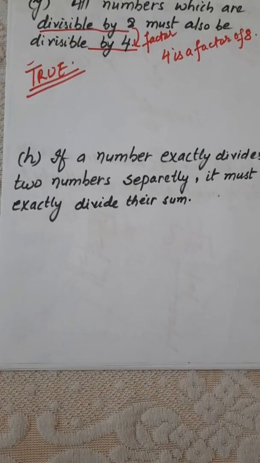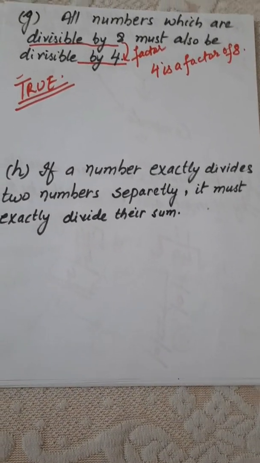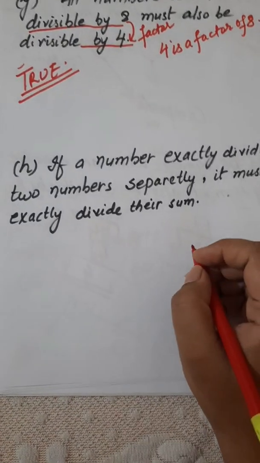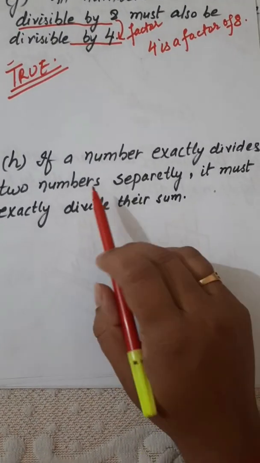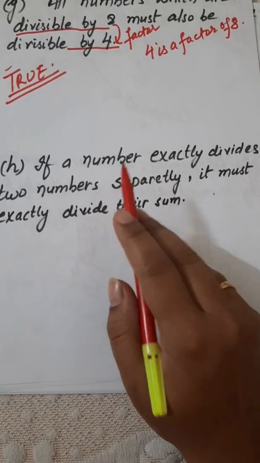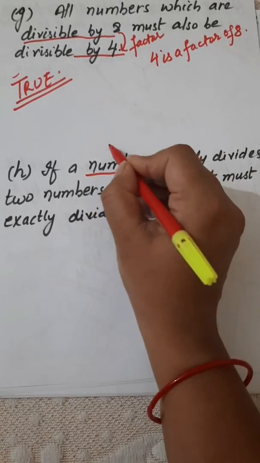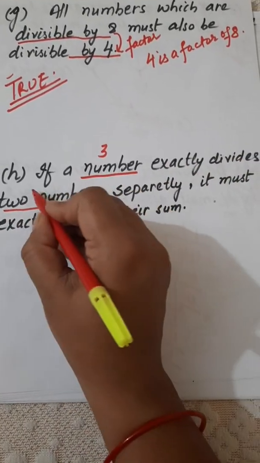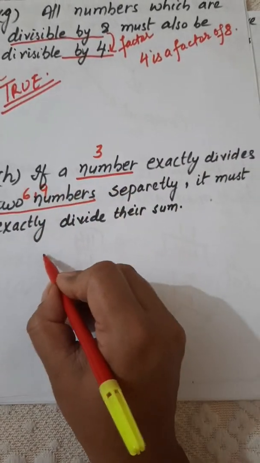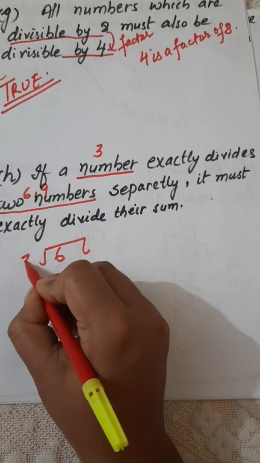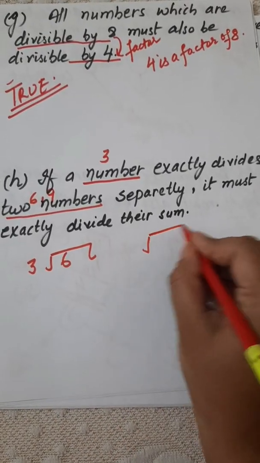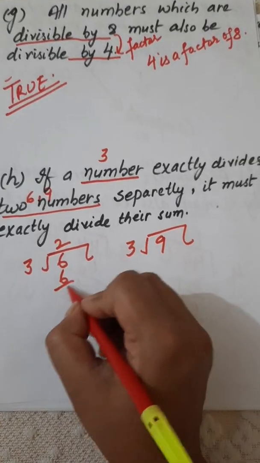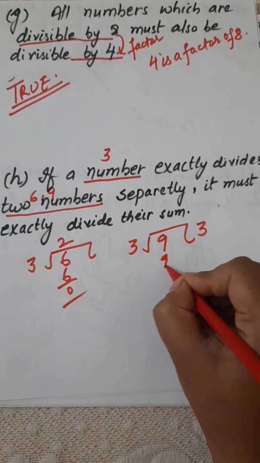If a number exactly divides two numbers separately, it exactly divides their sum. Suppose the number is 3 and it exactly divides two numbers, say 6 and 9. So 6 is divisible by 3 and 9 is divisible by 3: 3 2s are 6, 3 3s are 9.